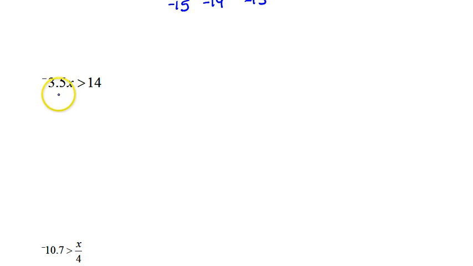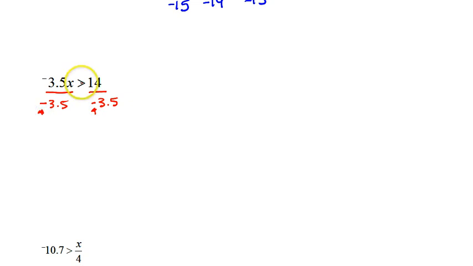Negative 3 5/10 x is greater than 14. To undo negative 3.5 times x, I'm going to have to divide by negative 3.5 on both sides of my inequality. Notice now that I'm dividing both sides by a negative.